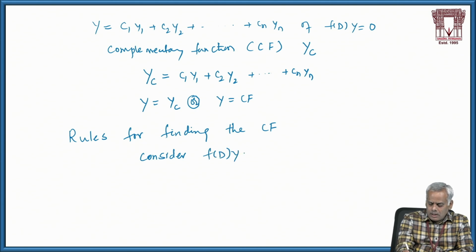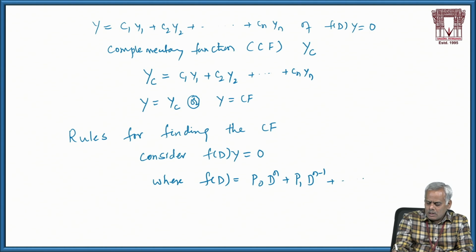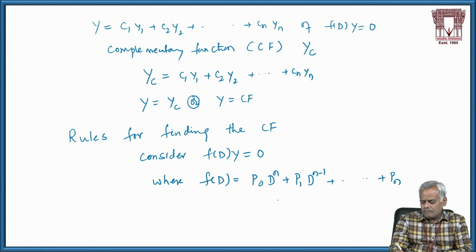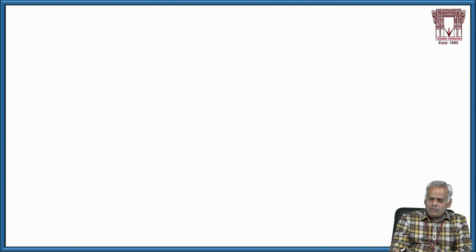F of D of y is equal to 0, where f of D is p0 D power n plus p1 D power n minus 1 up to pn, where pi belongs to R. Now to find the complementary function, define the auxiliary equation, that is f of m is equal to 0.